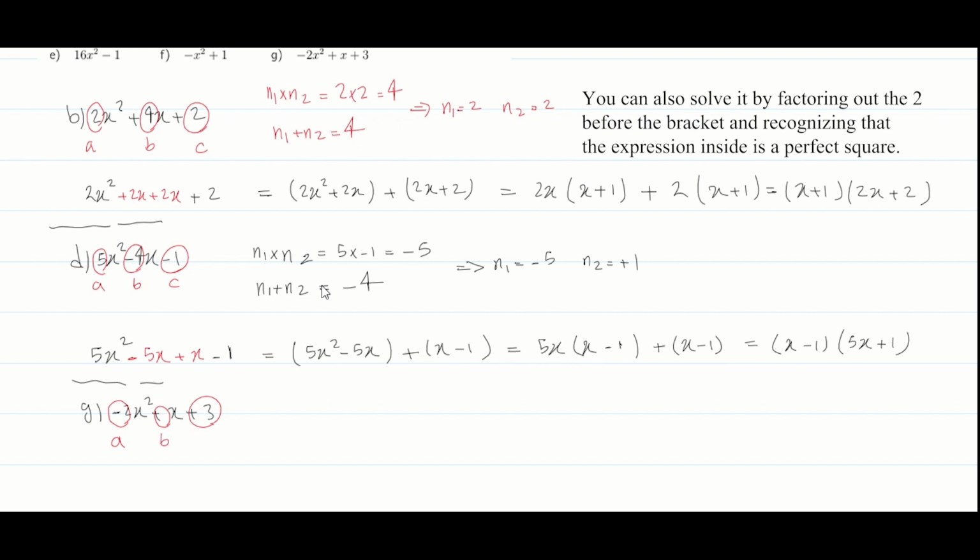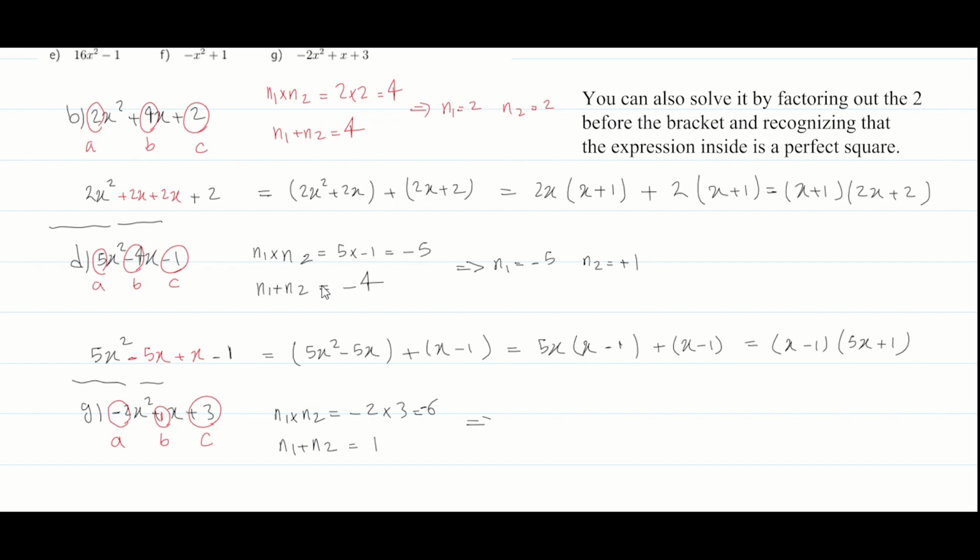Our B value in here is 1. And our C value in here is plus 3. So two numbers that their multiplication should be equal to A times C, negative 2 times 3, which will be equal to negative 6. And their summation should be equal to B, which is 1.